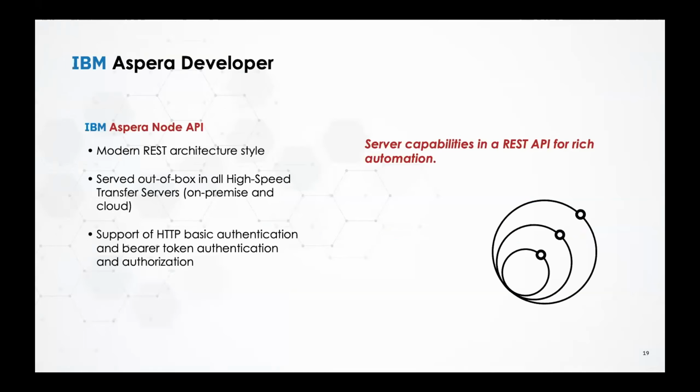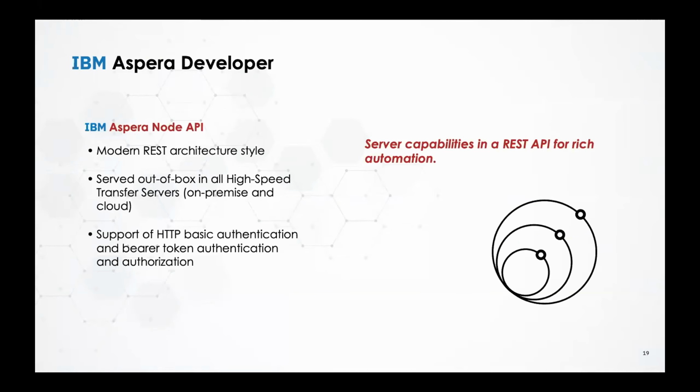The other end of the transfer is the Aspera server on the server side. There, we also have APIs, because if we really want to provide ways for automation, we need to cover the entire spectrum.